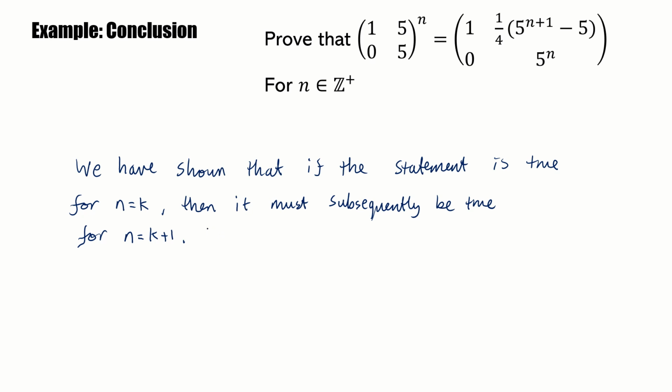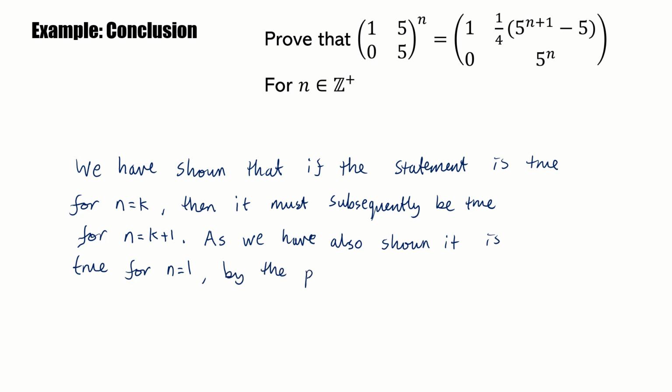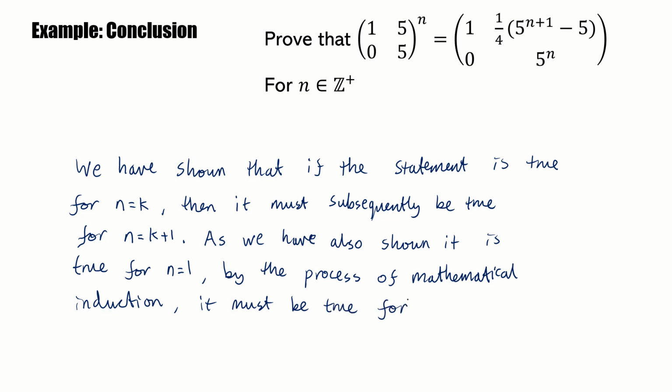So therefore we go, as we have also shown, it is true for n equals 1, by the process of mathematical induction, it must be true for all positive integers.